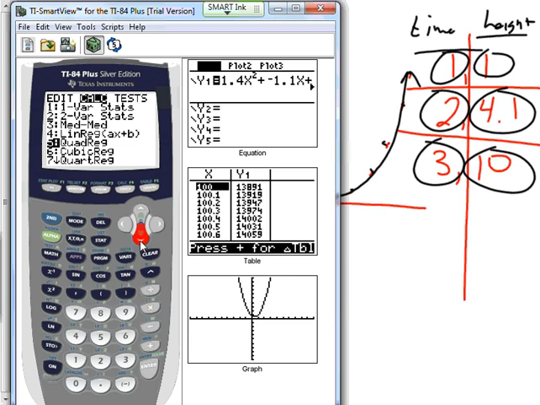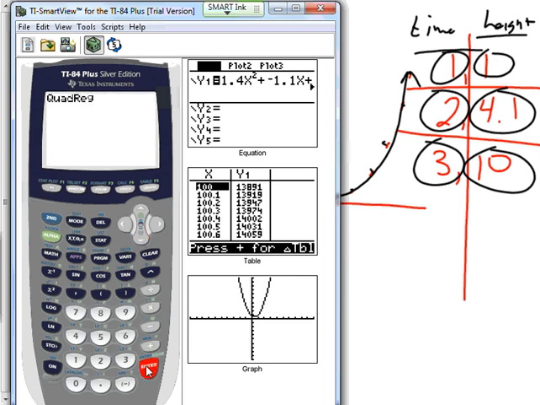Under quad reg, right here, you might have a list of things, and that's where you would put your X data, which comes from L1, and your Y data, which comes from L2. Where do you want to put the equation? On Y1. That's where you'd put it. If there's a list right here, that's what comes up for you. Read me the choices that are on that list.